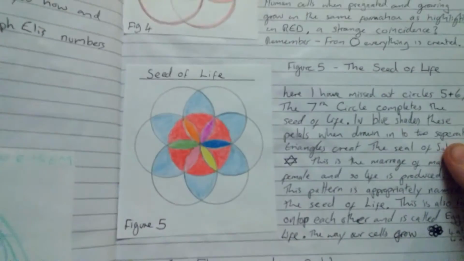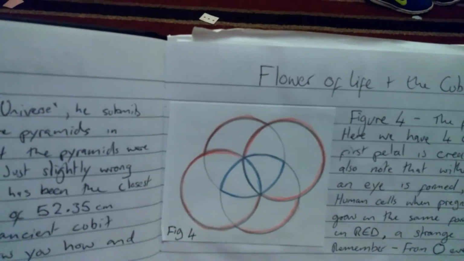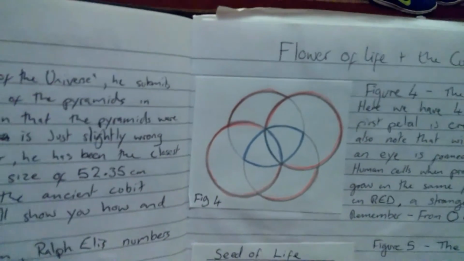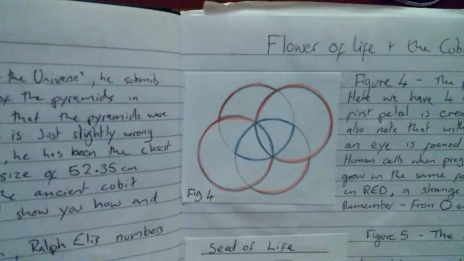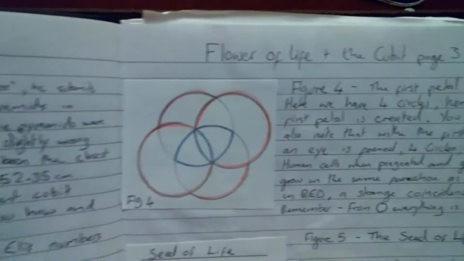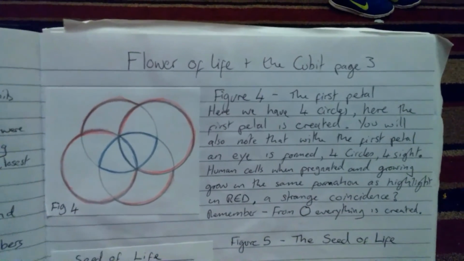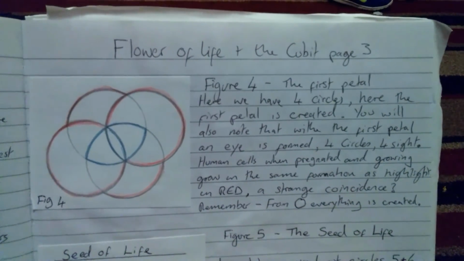Now this one here, oh, let's see if I can get you up. This one here, this is where the first eye appears, okay? The eye is an important sign. And this one is the first petal, okay? Here we have 4 circles.